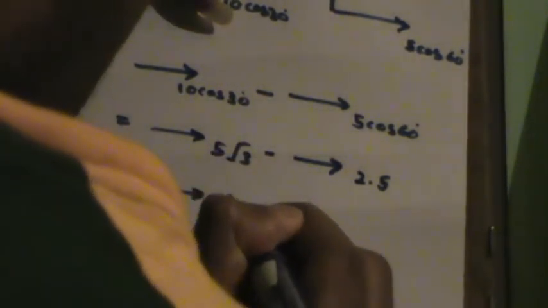Minus 5 cos 60, which is 5 times half, 5 by 2, that is 2.5 meters per second. So 5 root 3 is approximately 8.5, and 8.5 minus 2.5 gives a resultant of 6 meters per second in this direction.